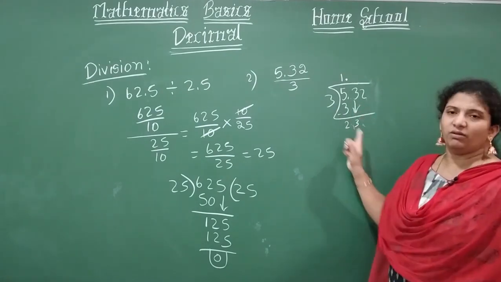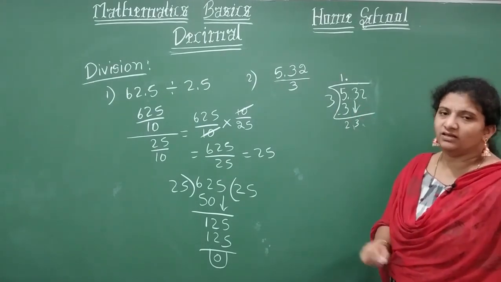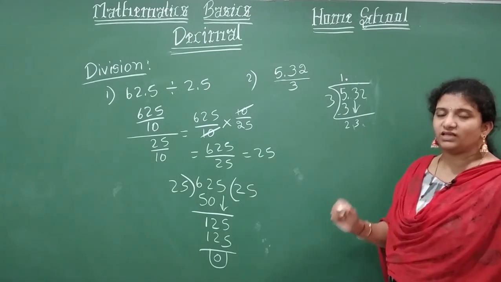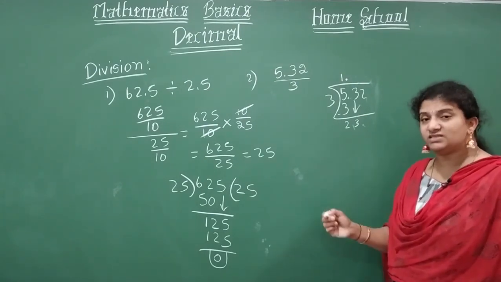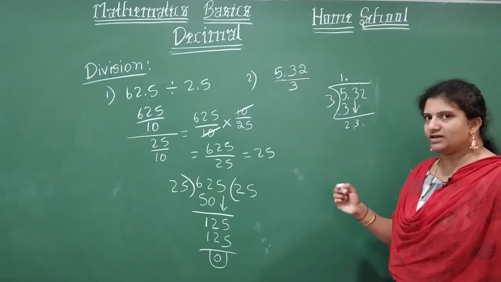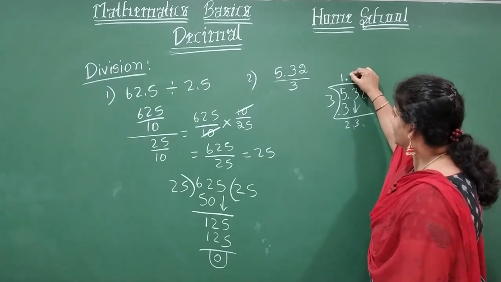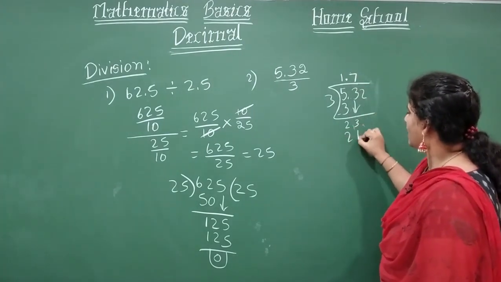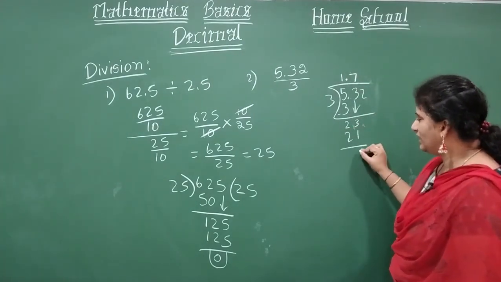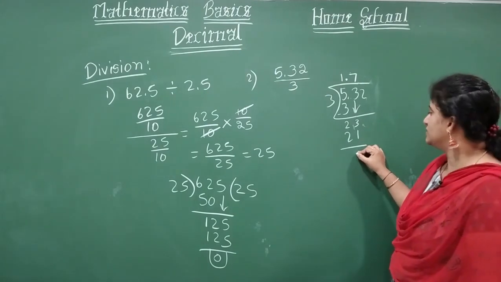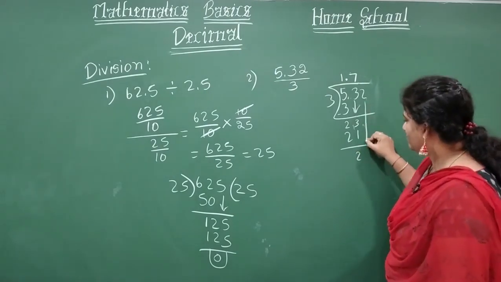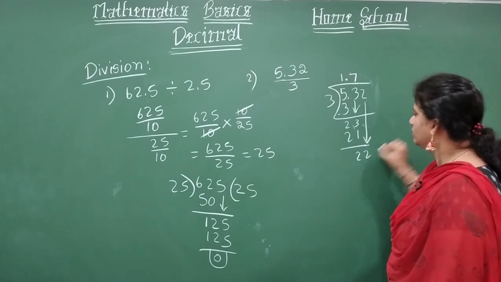In the 3 table, where do you get 23, children? 3 5s are 15, 3 6s are 18, 3 7s are 21. Yes, 3 8s are 24, right? We have to write here 3 7s are 21. 23 minus 21 is how much? 2. Again, drag this number down.